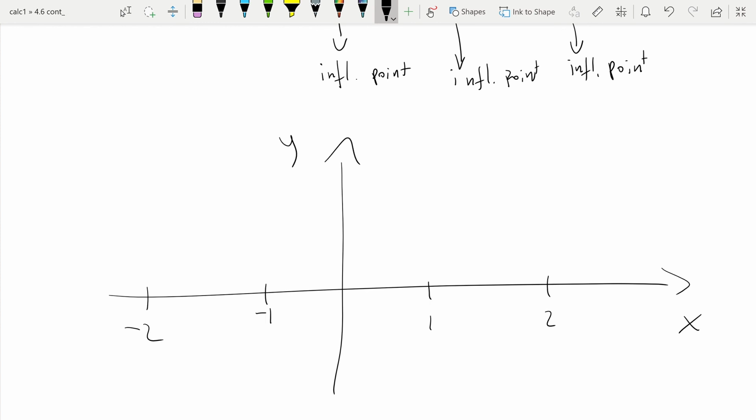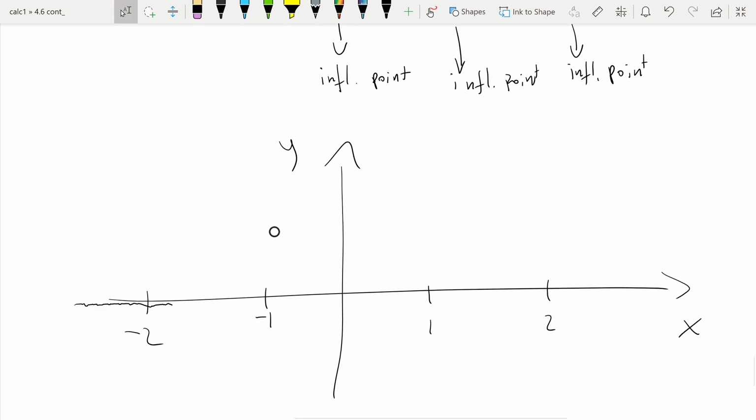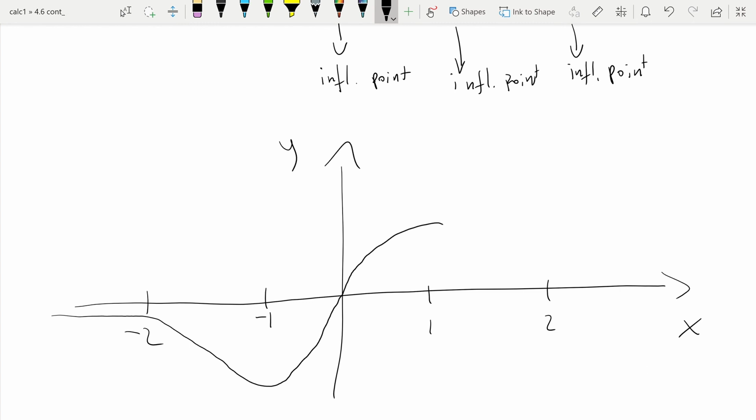Here is a local min. Sorry about that. We proceed like this, and then we change concavity somewhere over here. Okay, so these are critical points.